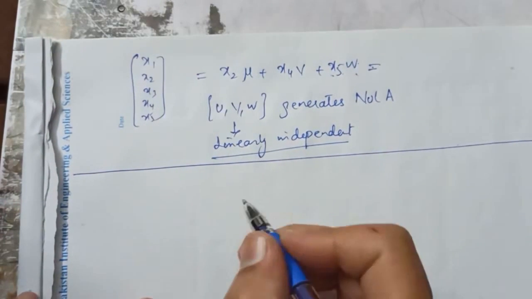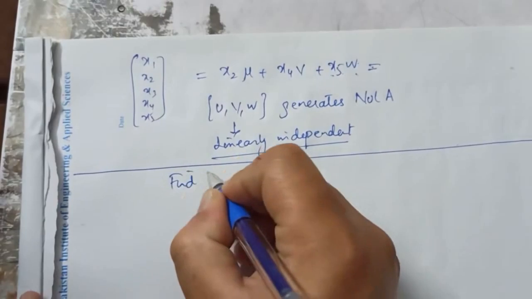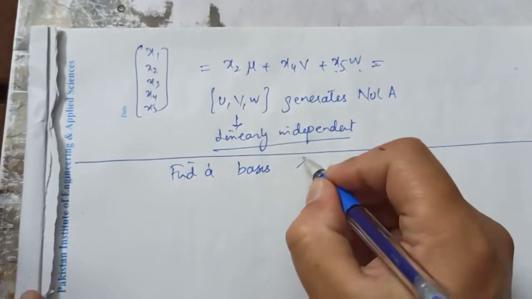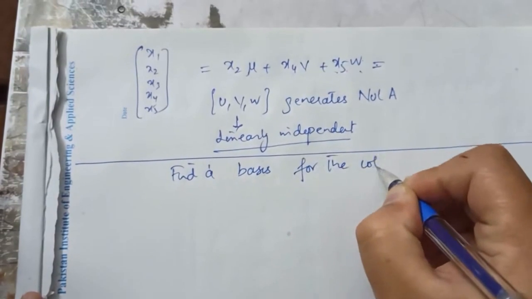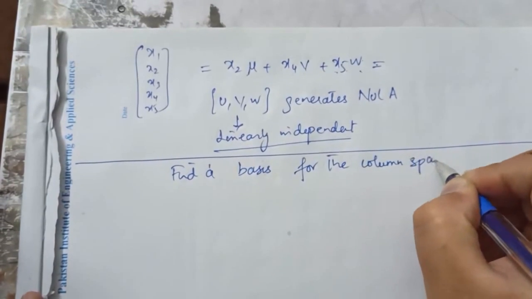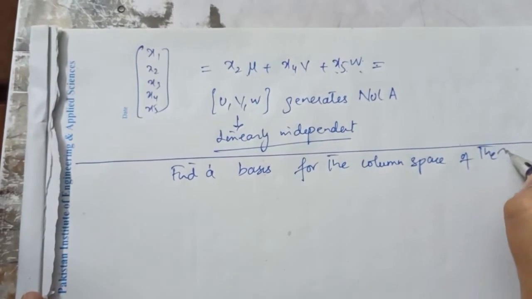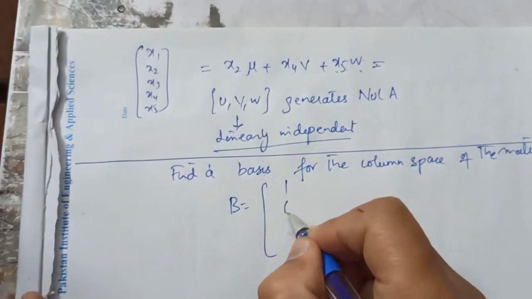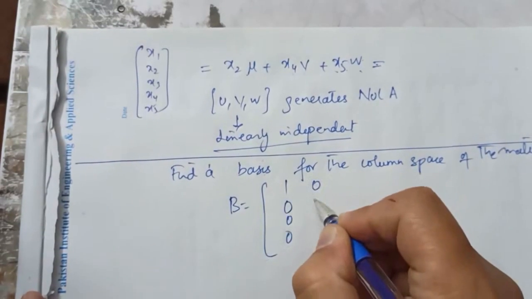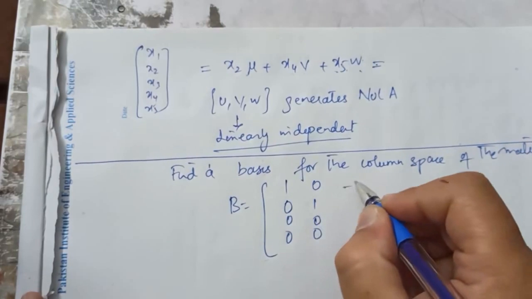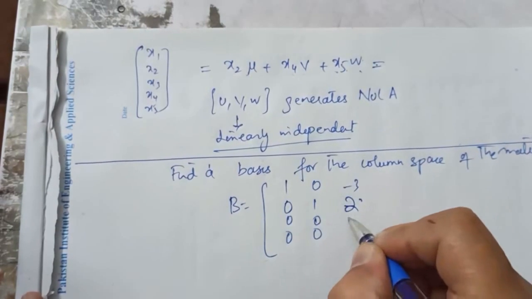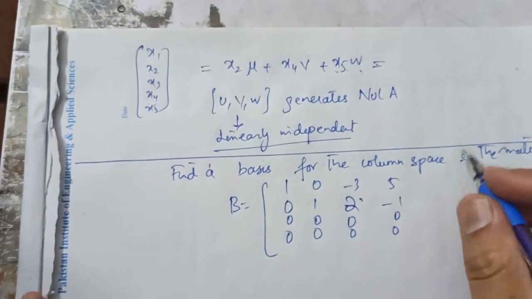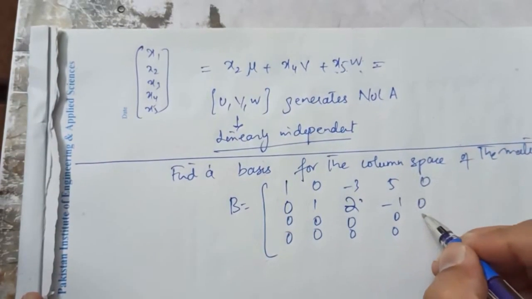So let's say, find a basis for the column space of the matrix B equals, let's say, 1 0 0 0 0 1 0 0 minus 3 minus 3 2 0 0 5 minus 1 0 0 and 0 0 1 0.